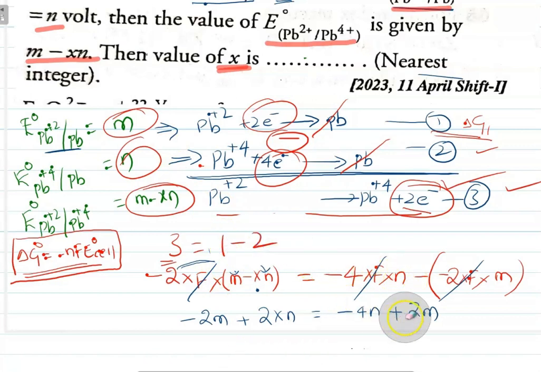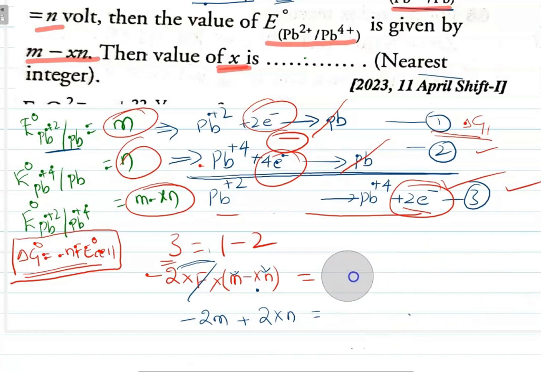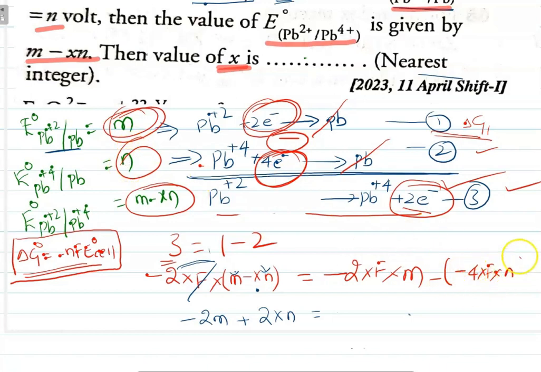Equation number 1 has minus N with N as 2, so 2 into F into E naught cell of the first equation, which is M, minus the second equation, NF with N as 4, so 4 into F into E naught cell, which is N. For the second equation, E naught cell is N.